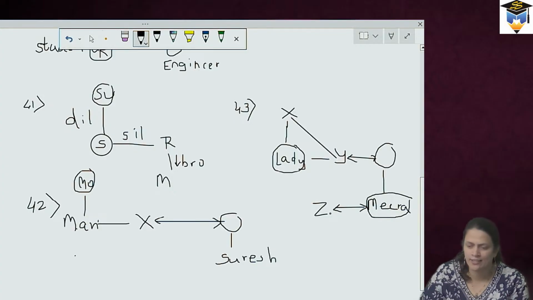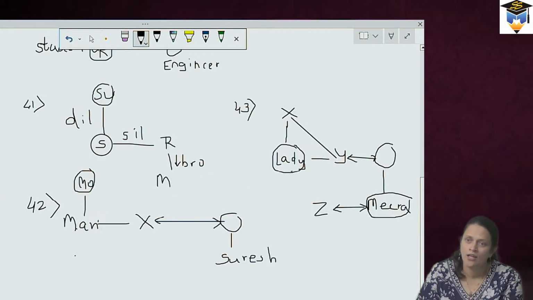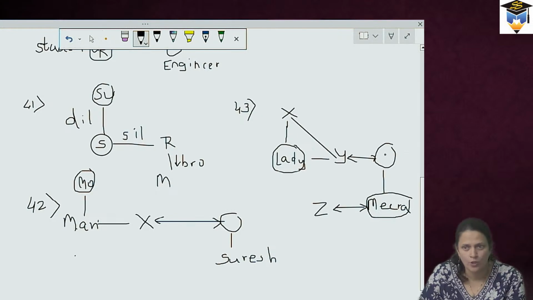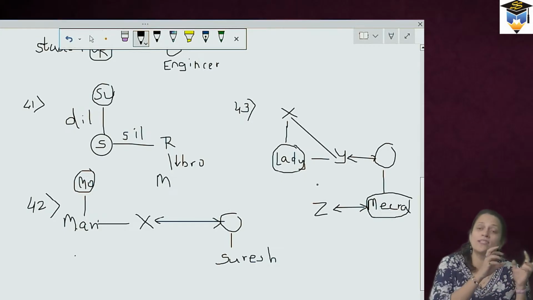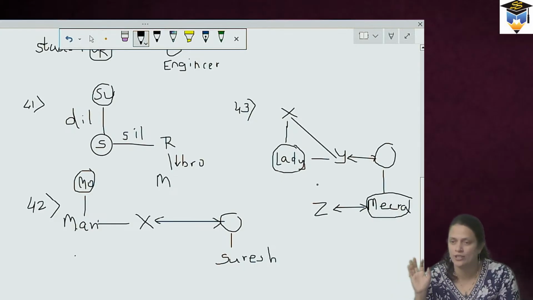Very easy. See, this is the lady. Her brother is Y, who has a wife who is the mother-in-law of Meera. So how are the lady and Z connected? The lady is going to be the aunt of Z. Now they have asked how Meera's husband is related to the lady?